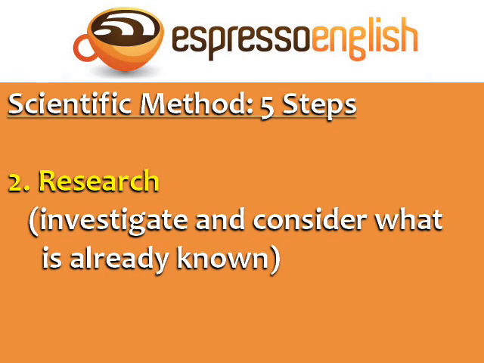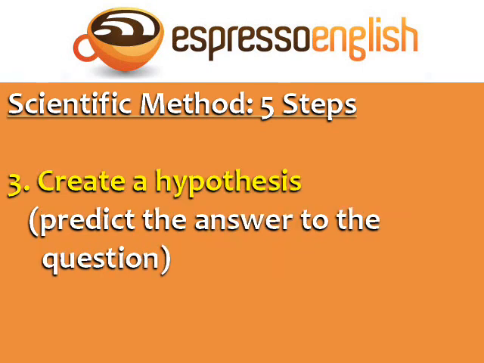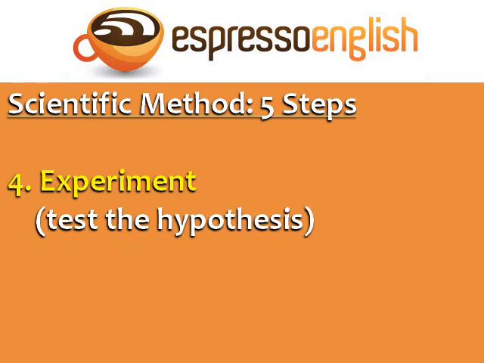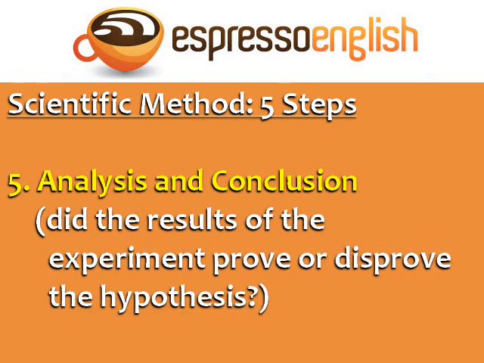Investigate and consider what is already known. 3. Create a hypothesis. Predict the answer to the question. 4. Experiment. Test the hypothesis. 5. Analysis and conclusion. Did the results of the experiment prove or disprove the hypothesis?